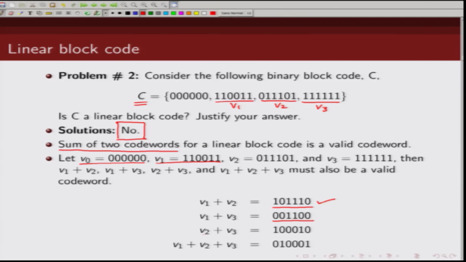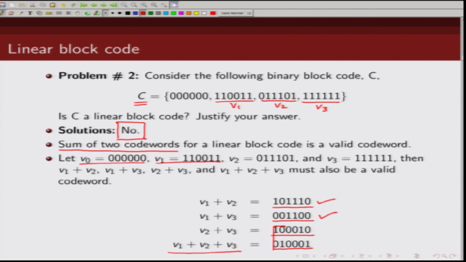Let us look at V2 plus V3, which is given by 10010, and V1 plus V2 plus V3, which is given by 010001. Note that I have listed all possible combinations of these code words here.